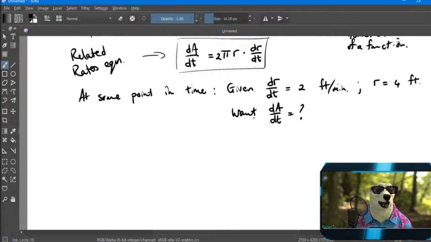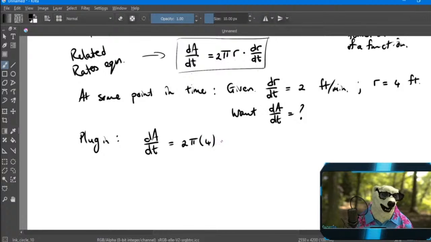In this one, what we're looking for is already isolated on the left, so there's nothing to do. Now we just plug in the numbers, and we have that the rate of change of the area at this point in time is 2 times pi times 4 times 2.